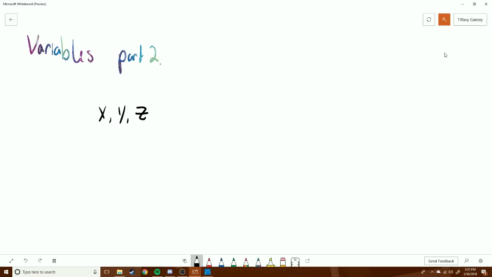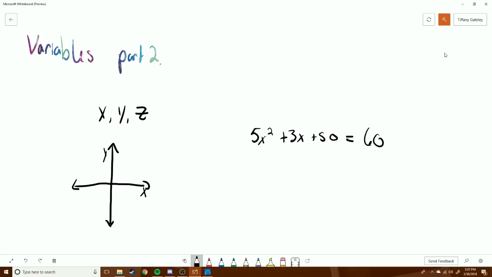But we use x and y in Algebra 1 because it corresponds to the graph of your y and your x. So if you have an equation that is 5x squared plus 3x plus 50, let's say that equals 600.